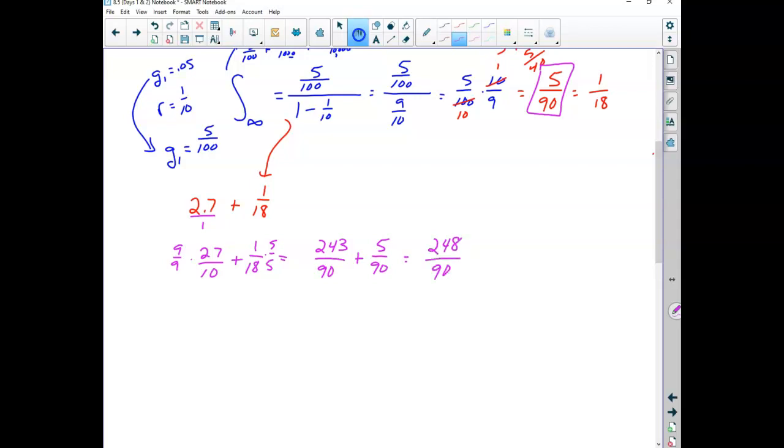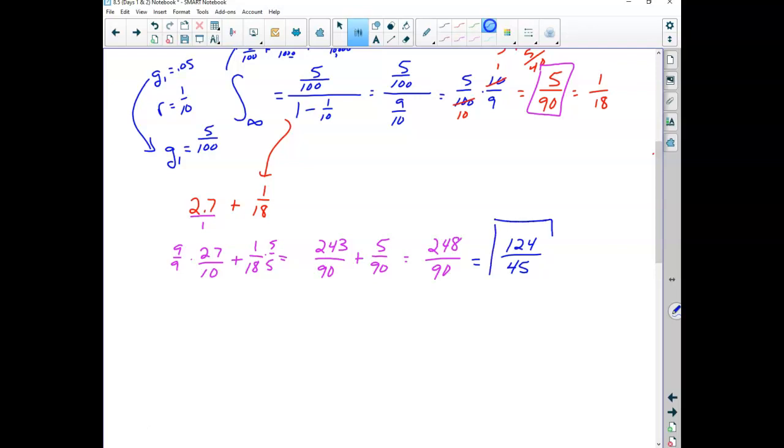Well, what do I see? I see these things will at least reduce by 2. So this is going to equal 124 over half of 90, which is 45. Well, that denominator is only divisible by 5, and 124 is not.